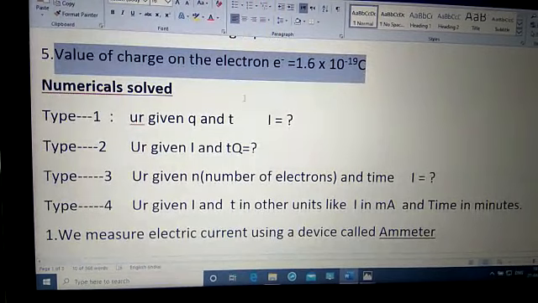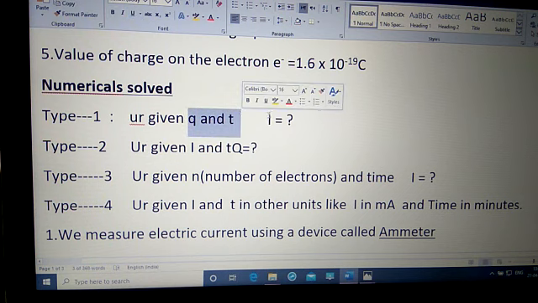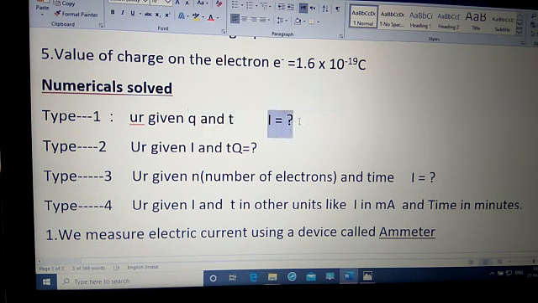On the second day, we took different types of problems and we solved them. In the first type, which is very simple, you are given the charge and the time, and you are asked to find the current.